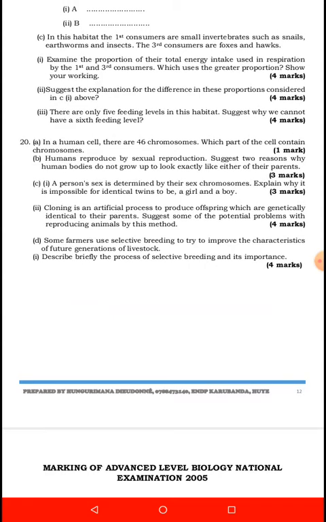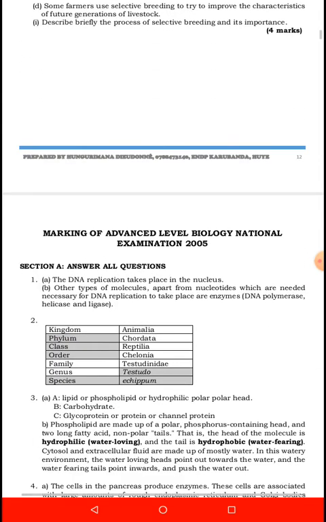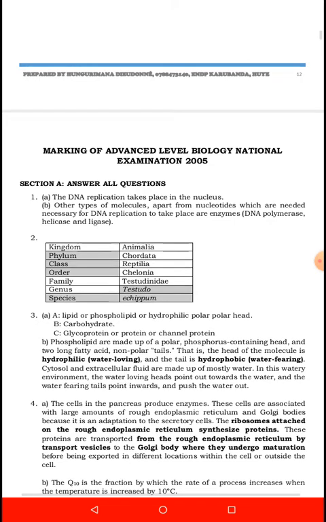So now let's go to its marking guide. Marking guide for the advanced level biology national examination 2005. These are the answers.